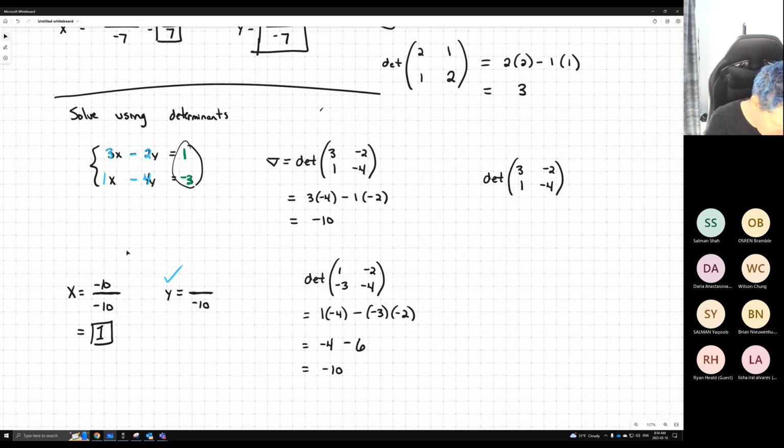Those are the y coefficients right there. So I'm going to replace those in del, the -2 and the -4, with the right-hand side of my system. So that would be 1 and -3. Again, here's 1 and -3.